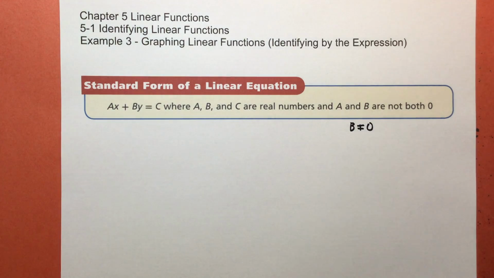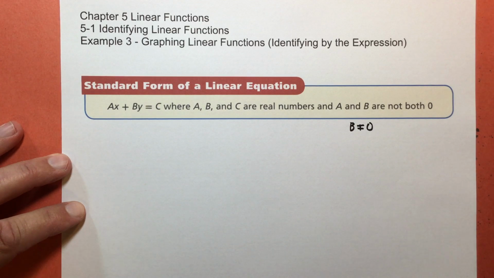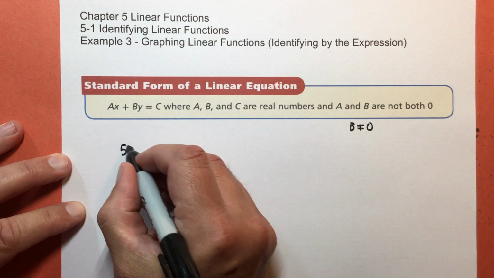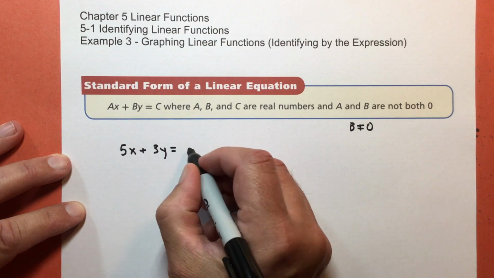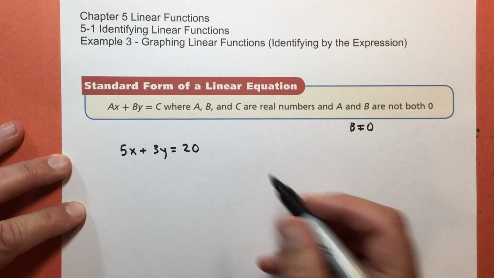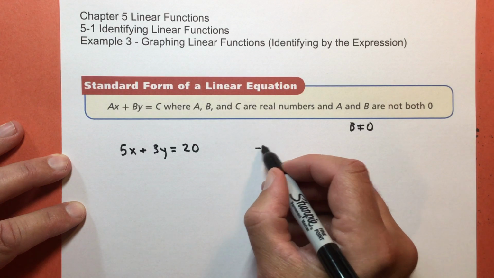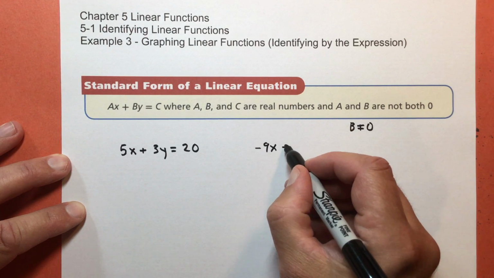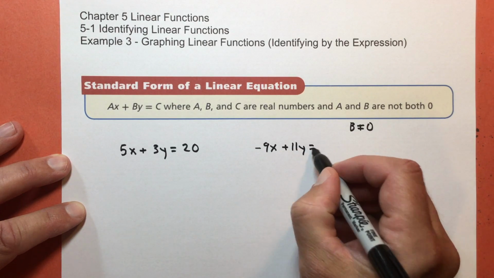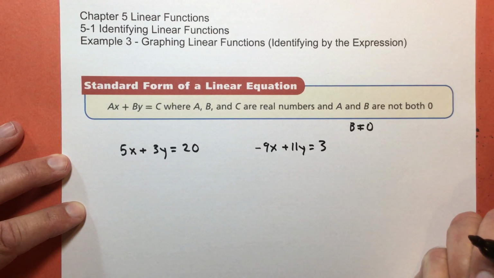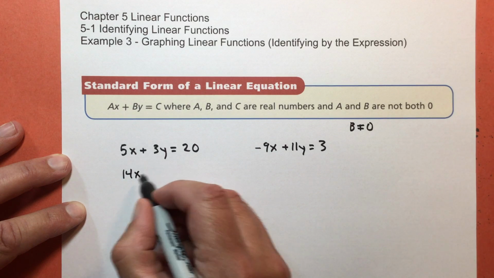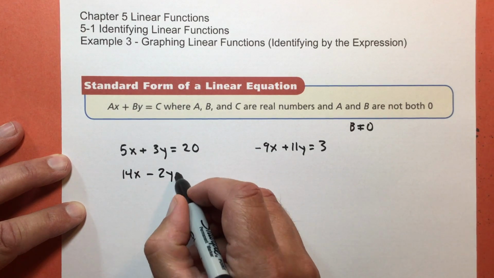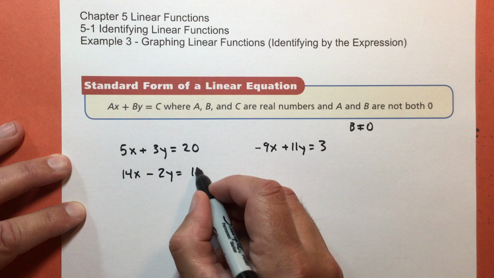All right? So here's some examples of standard form. 5x plus 3y equals 20. Negative 9x plus 11y equals 3. 14x minus 2y equals 11.